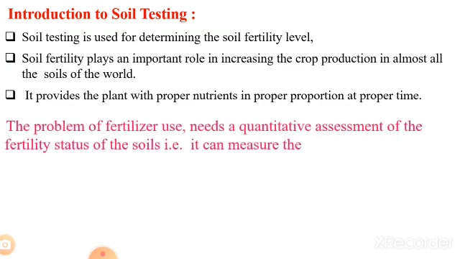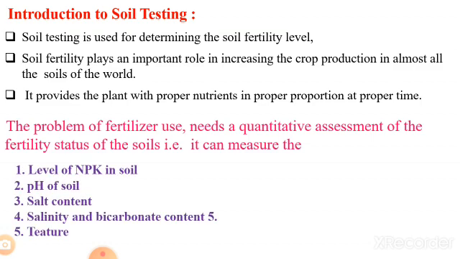That is why the problem of fertilizer use needs a quantitative measurement of the fertility status of the soil, and it can measure, first, the level of NPK in soil, the pH of the soil, the salt content of that soil, salinity and bicarbonate content of that soil, and the texture of that soil.